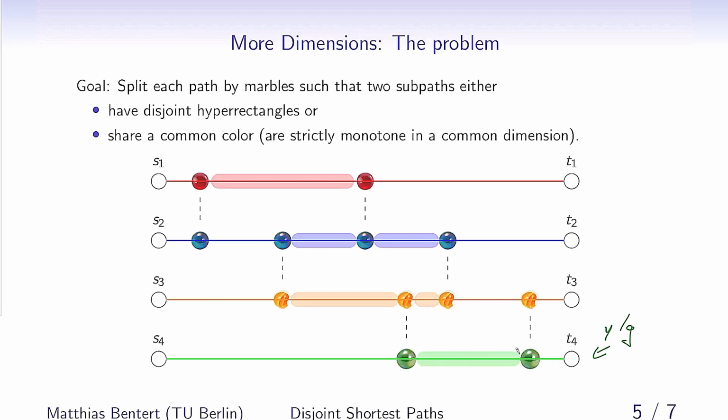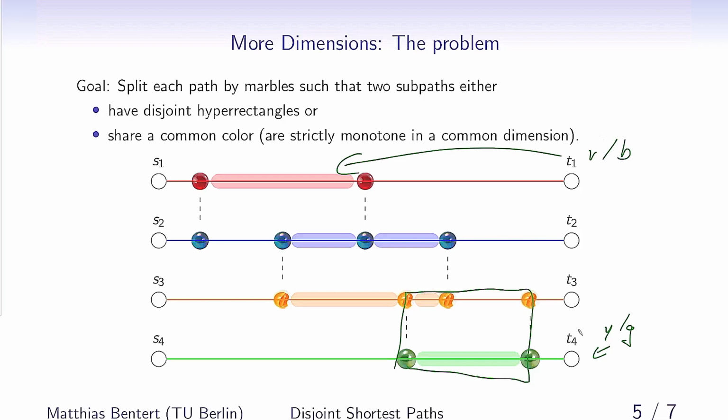But now we have a problem, because this part here is just in the yellow-green dimension, so to say, monotone. So each part is, of course, monotone in its own color. So let's say in the green dimension, this one here is definitely monotone. And since it intersects, so this here is this DAG idea again. So here it's monotone in the green and in the yellow dimension. And this part over here, by the same argument, is monotone in the red dimension and in the blue dimension.